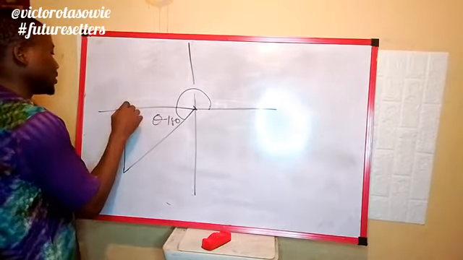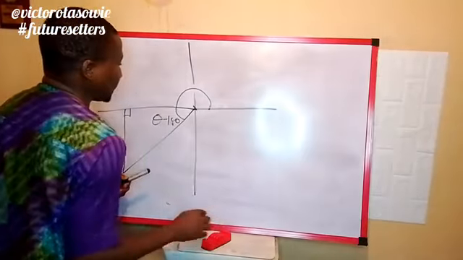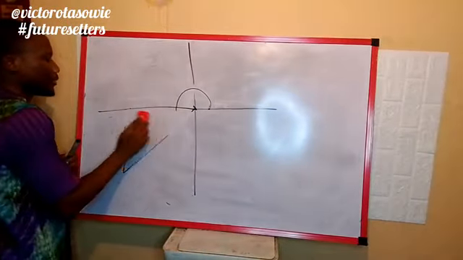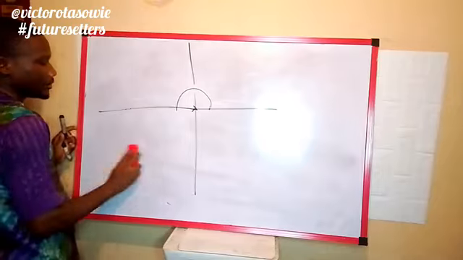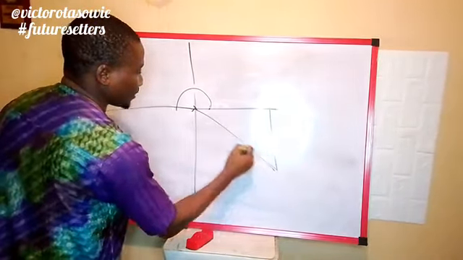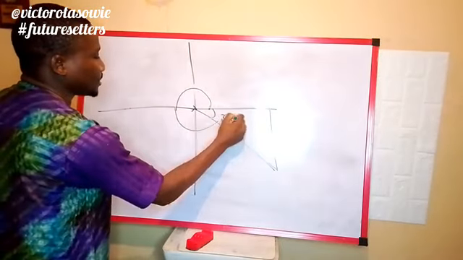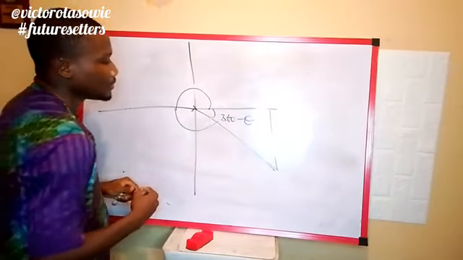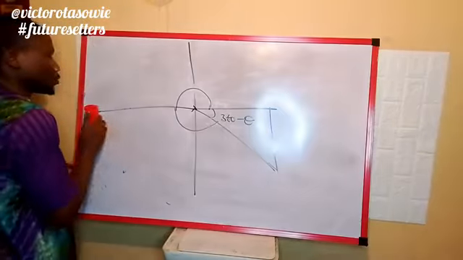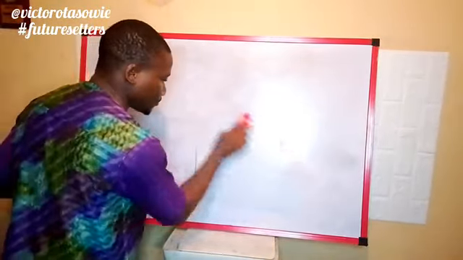So we put this and this, and we have that. Then also for this part here, for this fourth quadrant, we have something like this, where to get it, we are going to subtract theta from 360, to get the value of this particular direction. So take note of this point. It will be very helpful to you.